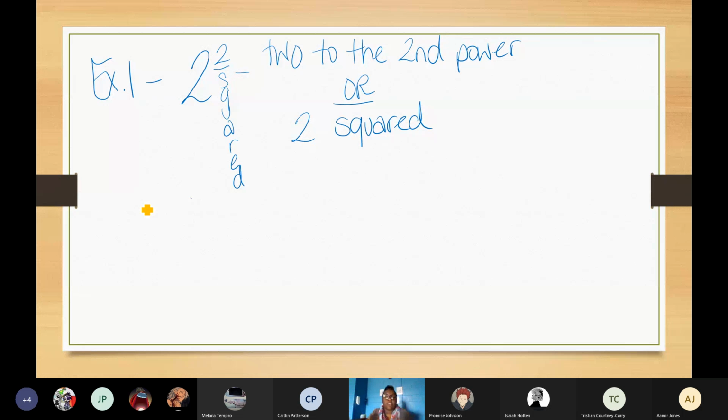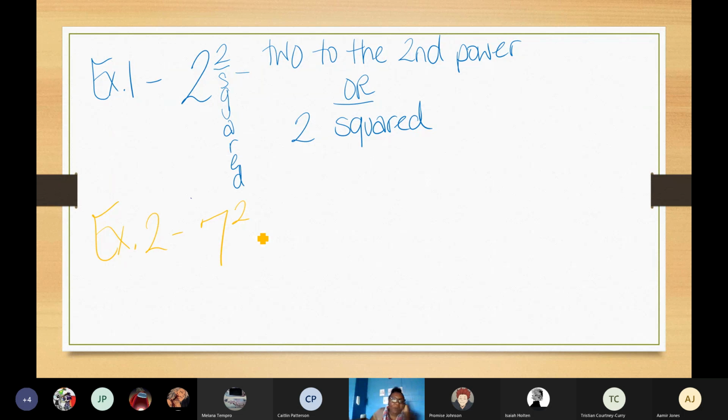So if Miss Neville were to tell you to write 7 squared, you would write, this is example 2, 7 to the second power. To the second power and squared both mean that 2 is my exponent.